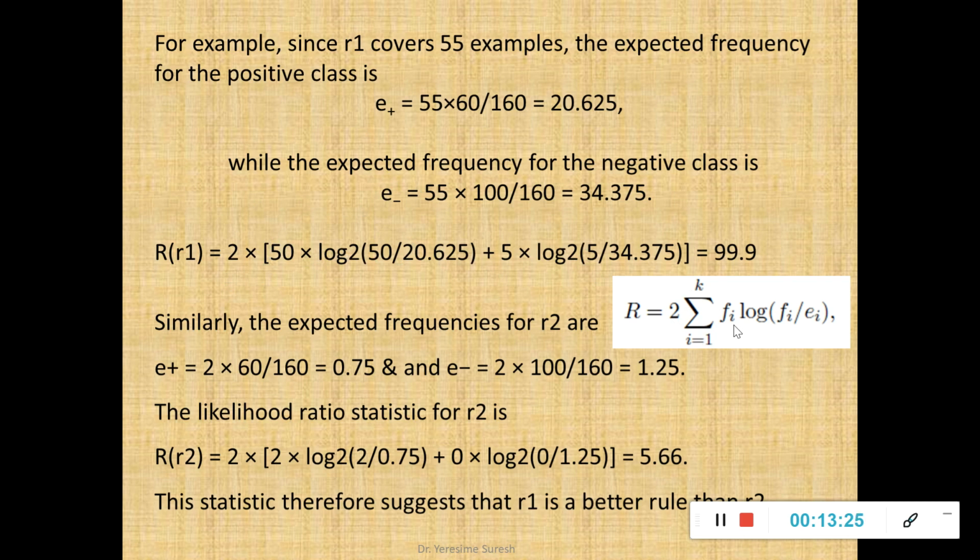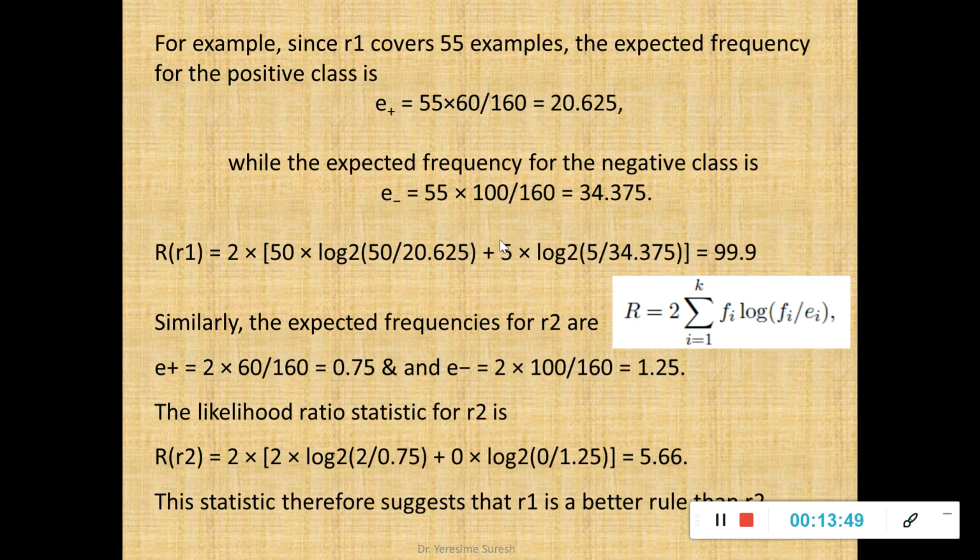F_i is the observed frequency for positive instances, 50, because rule R1 is covering 50 positive instances. 50 into log base 2 of F_i over E_i. What is that? 50 divided by the expected frequency for positive instances, 20.625. Feed that. Plus the number of instances for your negative coverage is 5.